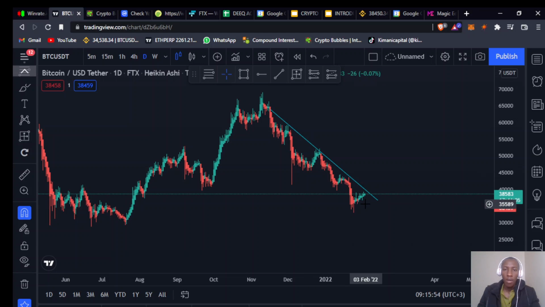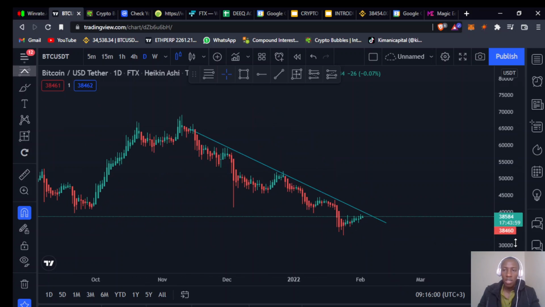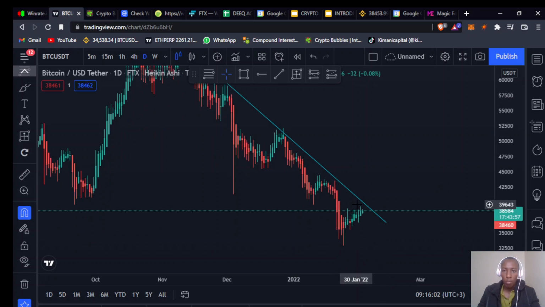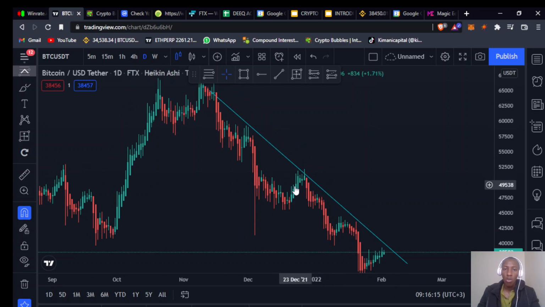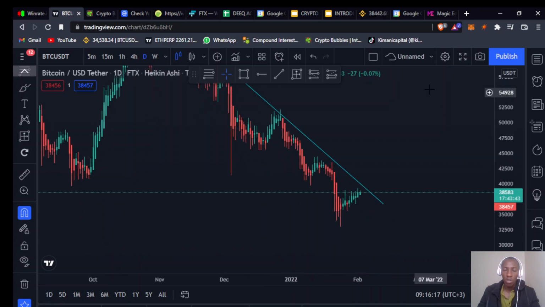Now we are waiting to see if we're going to bounce off it again and then come back, probably in this 40k region, or we're going to break this local high here at 43k, and then we'll be bullish again and trying to break these key levels, right?